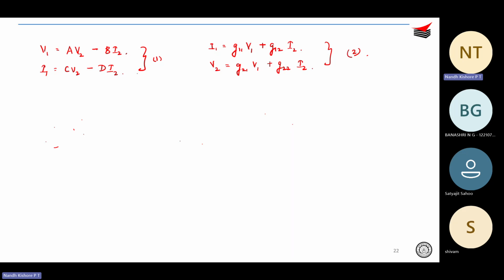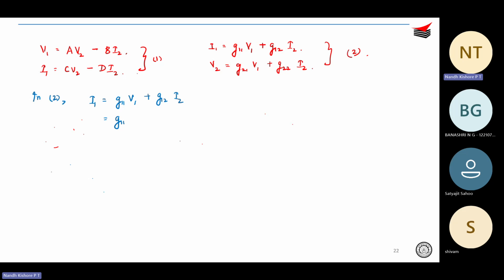Now I want to find out the G parameters, right? So I have to substitute from 1 into 2. Fine. So what happens to I1 now? I1 is equal to G11 V1 plus G12 I2, right?